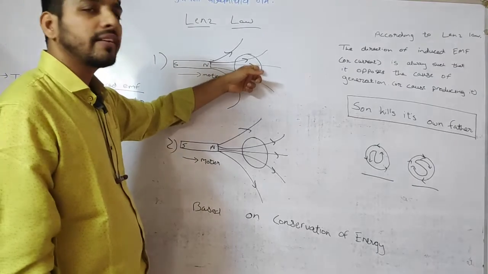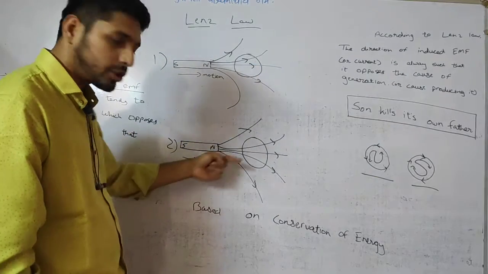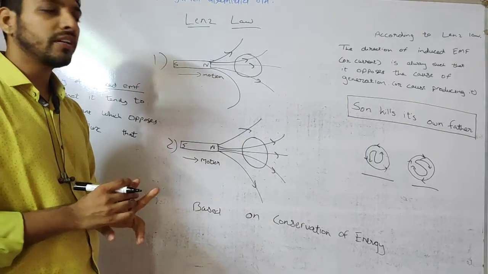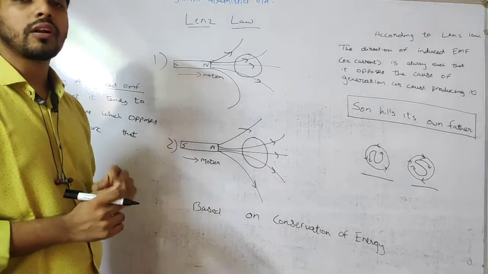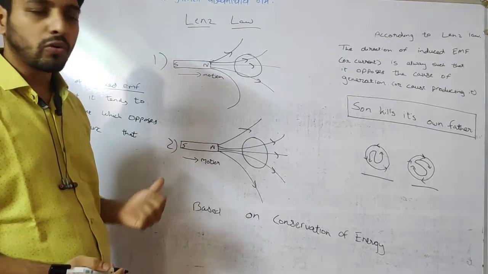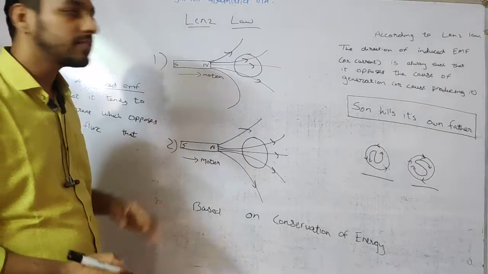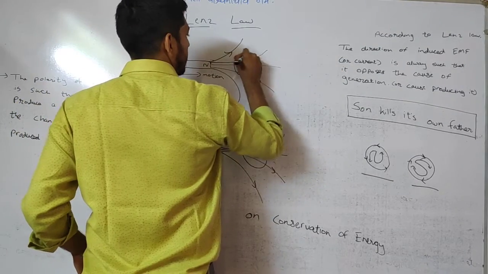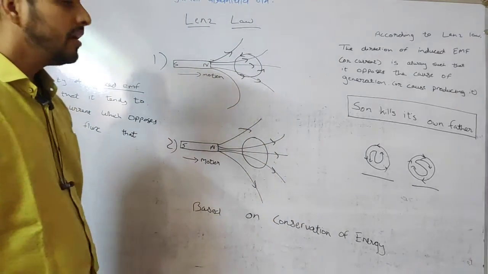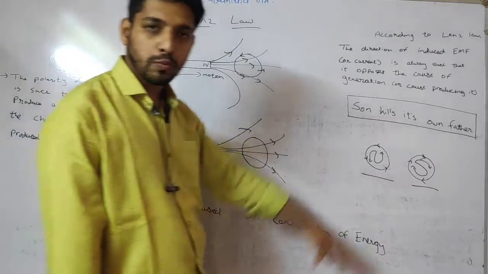Now the current induced in this, if we give motion in this direction to both the magnets, there are only two possibilities for the direction of induced current or induced EMF: either clockwise or anti-clockwise. So suppose we take both cases. Suppose in the first the current is anti-clockwise, which means it shows a north pole.